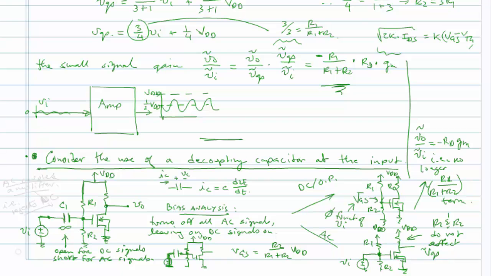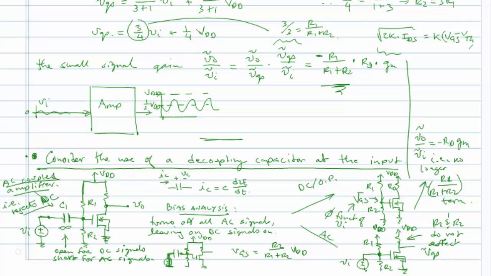So this leads to an AC coupled amplifier, i.e. it rejects DC.